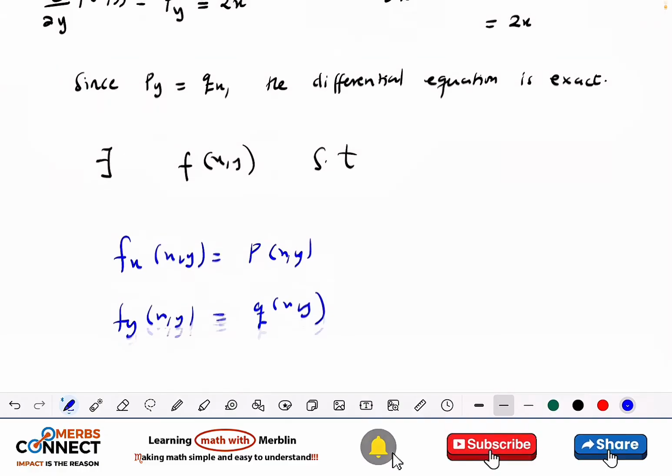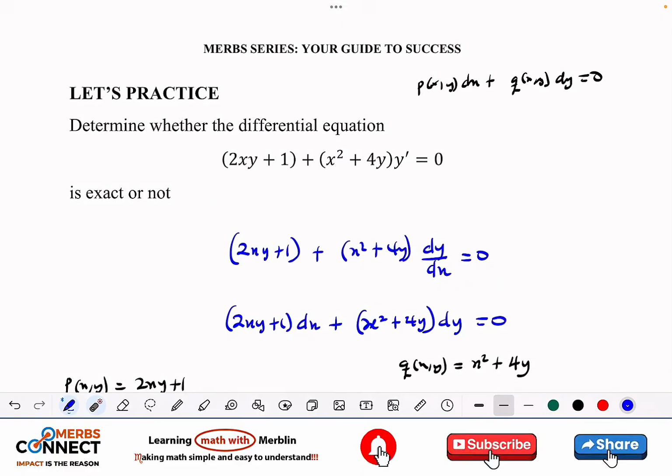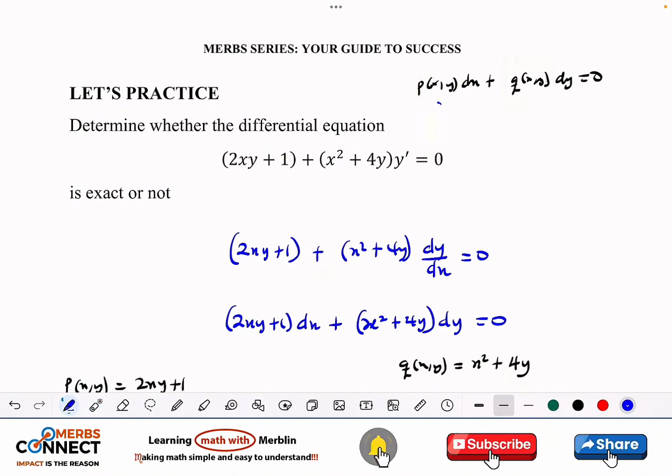Now when you are doing ODE, you understand the standard form that we are writing here. This standard form here, this p of x here is just actually f of x dx plus f of y dy.